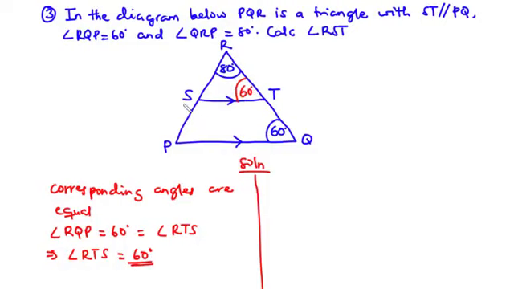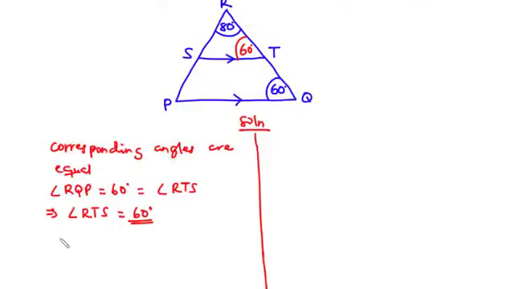Now since we know the values of this angle and then this angle, we can find the angle RST. So we say that the interior angles of a triangle sum up to 180 degrees.